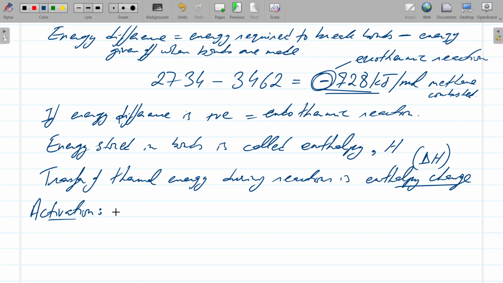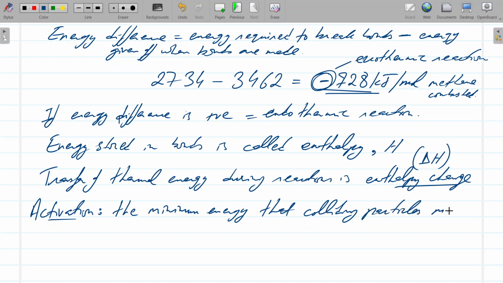So the minimum energy, and recall the kinetic particle theory, the minimum energy that colliding particles must have in order to react.